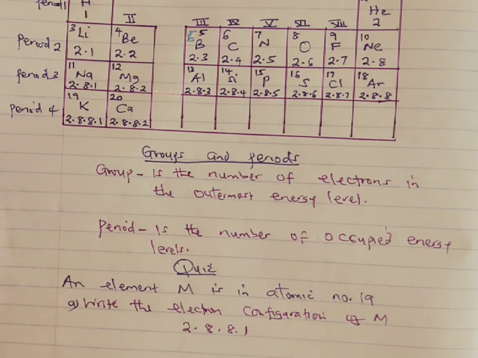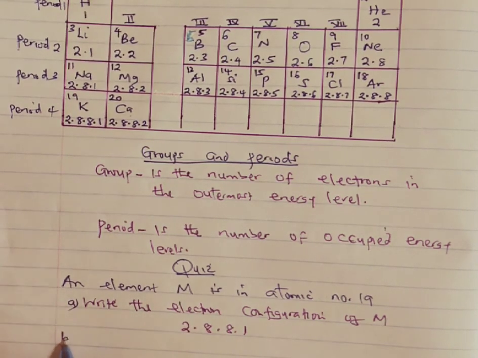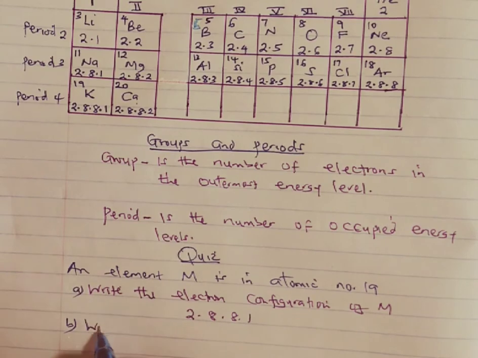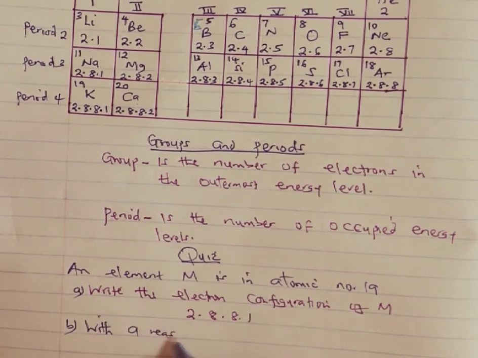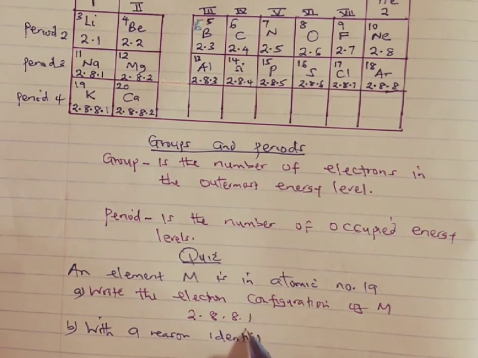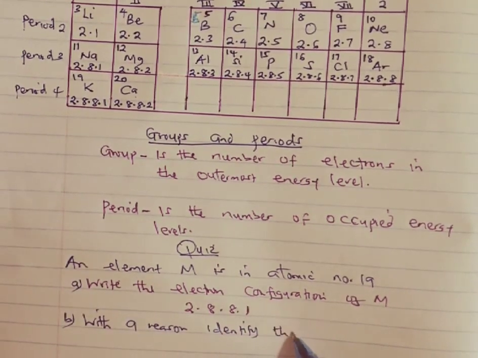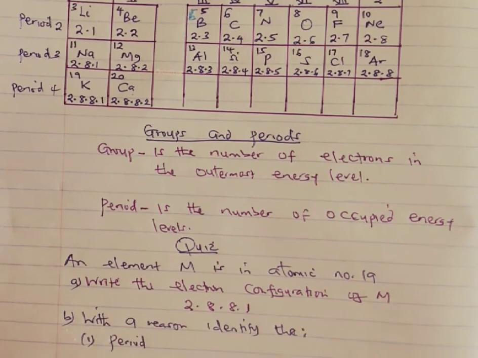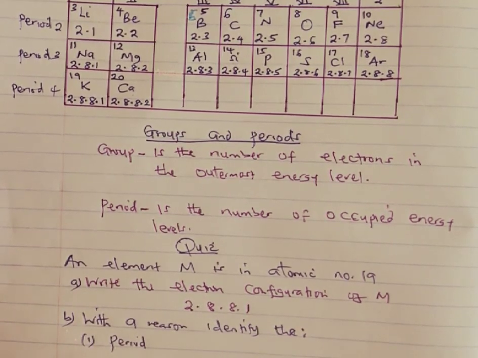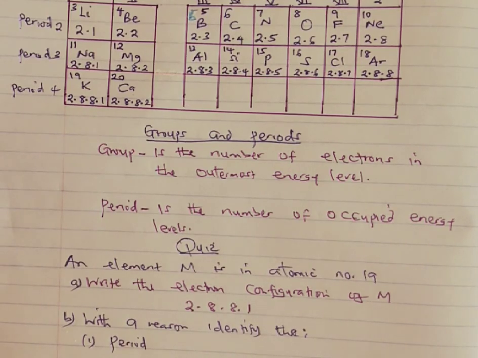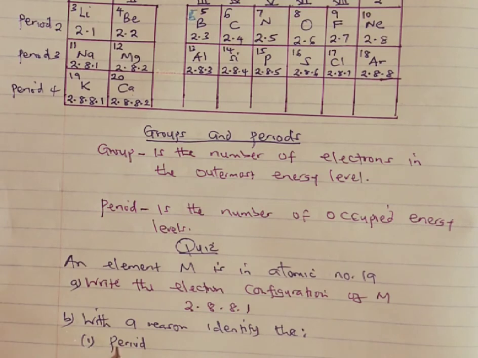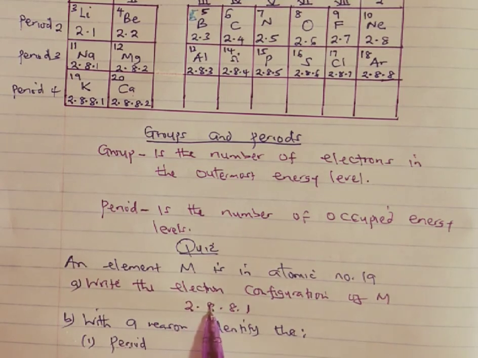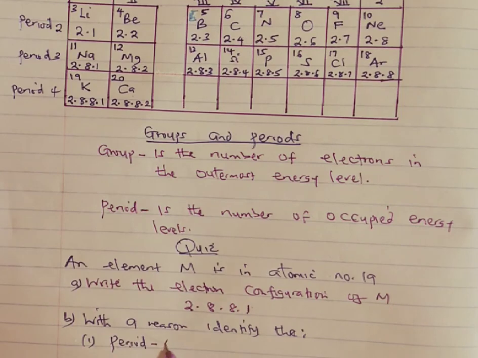Then we have B. With a reason, identify Roman 1, the period, and Roman 2, the group of element M. So we have already said that period refers to the number of occupied energy levels, and if you count the number of occupied energy levels, we have 1, 2, 3, 4, and therefore this element is in period 4.